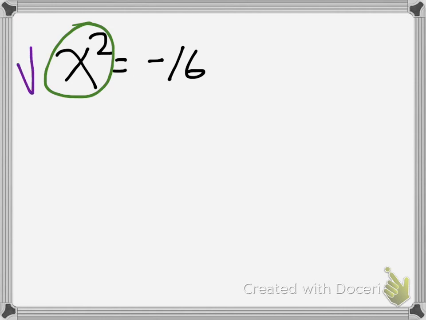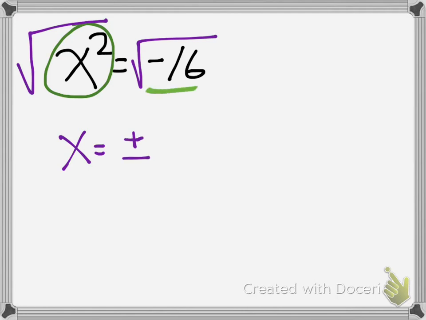Step 1, square root both sides of the equation. The left side is really easy, x equals. Since I'm solving, I know I'm going to need a plus and minus, but we're going to have to work on negative 16. Let's remember, negative 16 is really just negative 1 times 16.